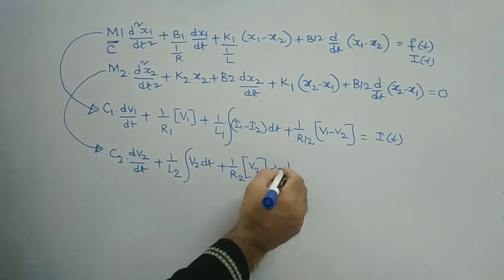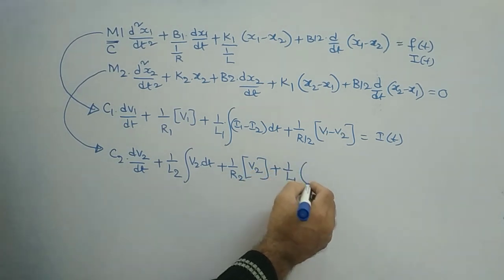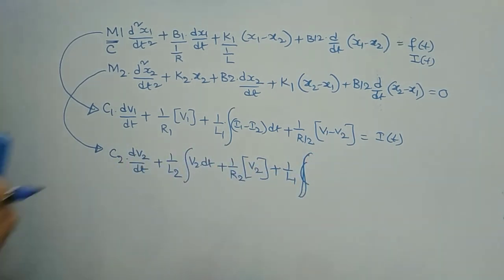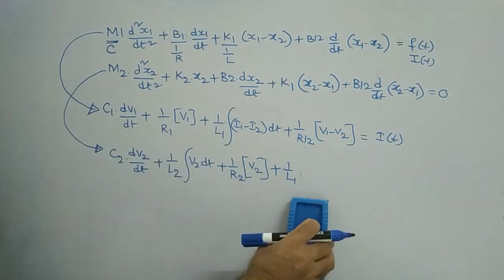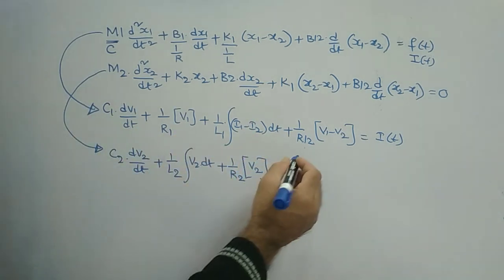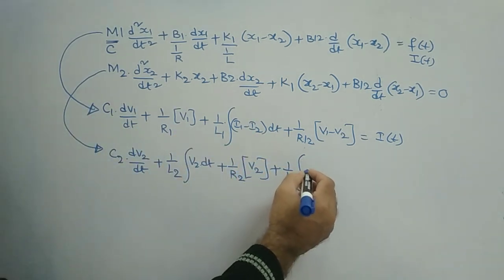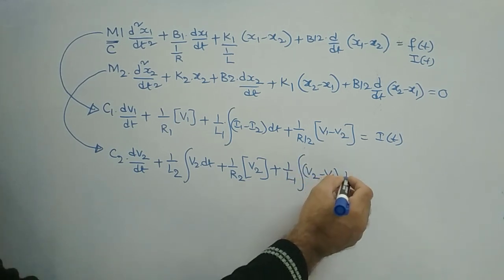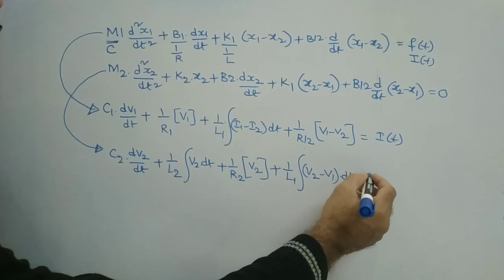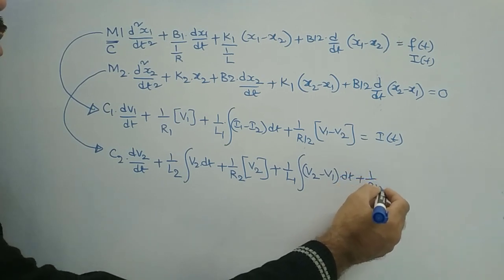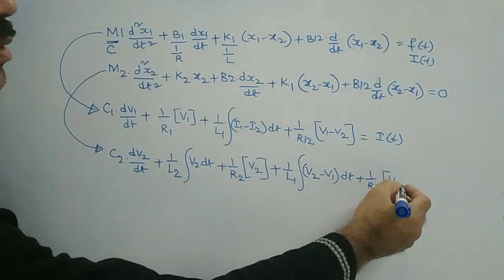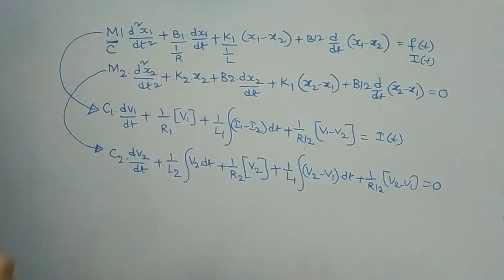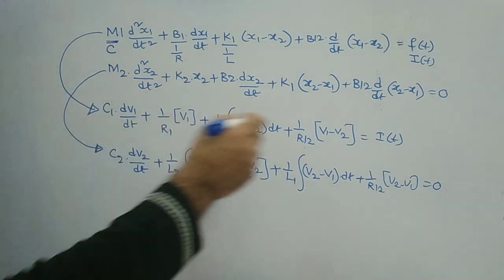Plus K1, meaning 1 by L1, times the integral of V2 minus V1 into dt. Clear? Plus 1 by R12 times V2 minus V1 equal to 0.